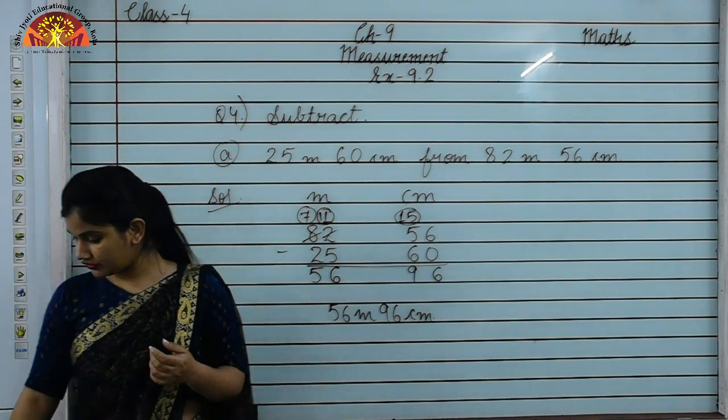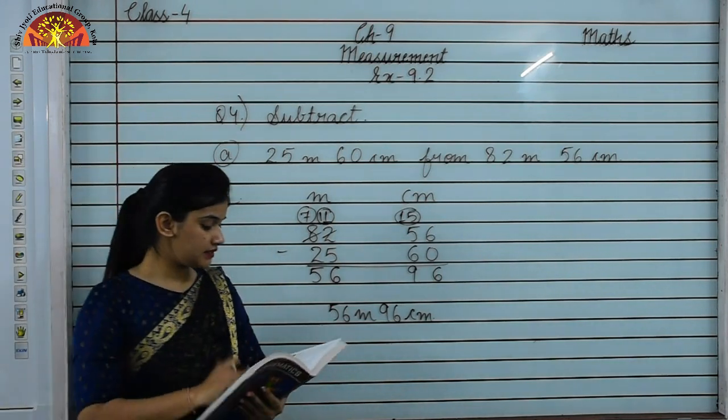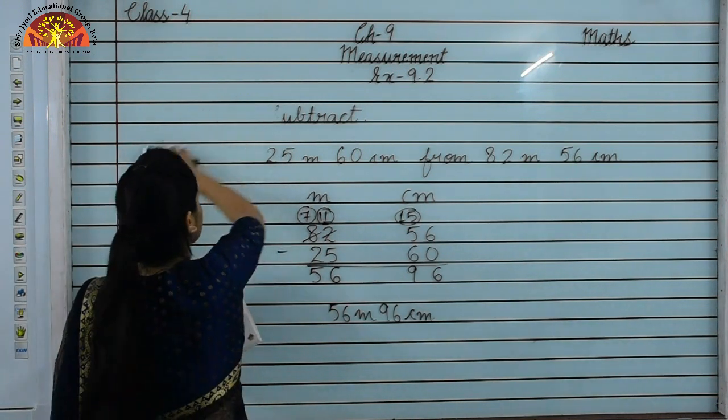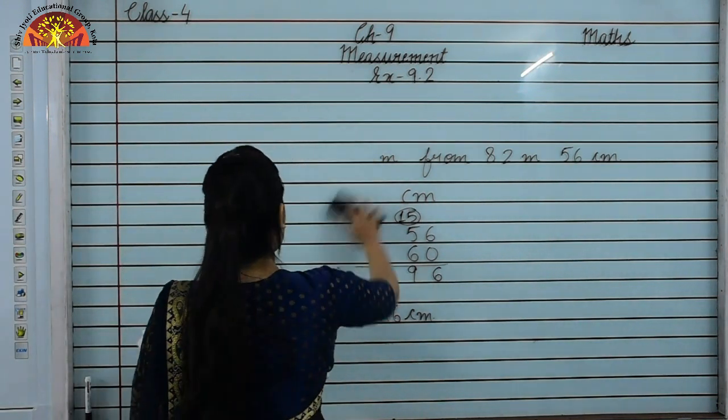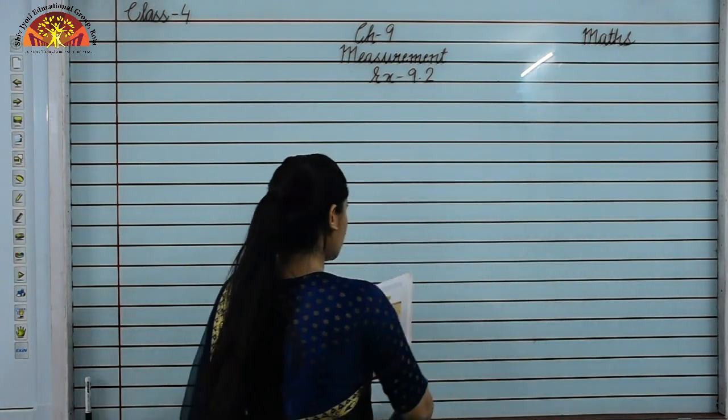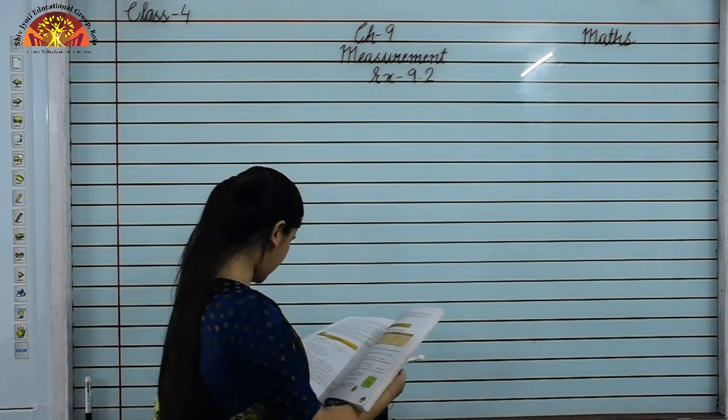Now we will take a word problem, that is question number 7 we are taking. Question number 7 on page number 126: the distance between Daksh home and his office is 15 kilometer.